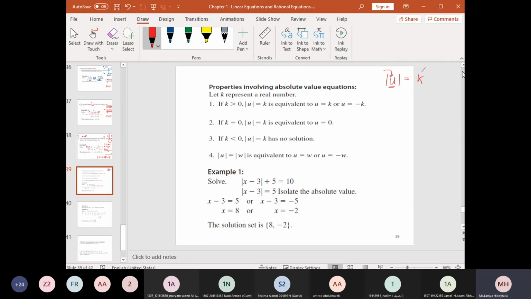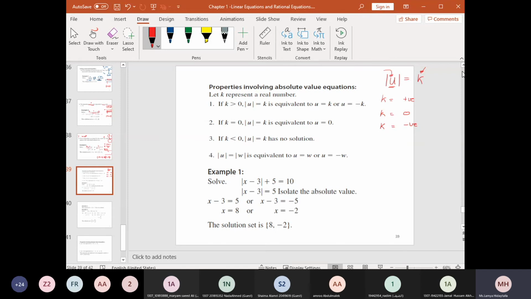I have to look at the k. There are three possibilities. Either k is a positive number, or k is zero, or k is a negative number. So there are three different cases before I start the solution.